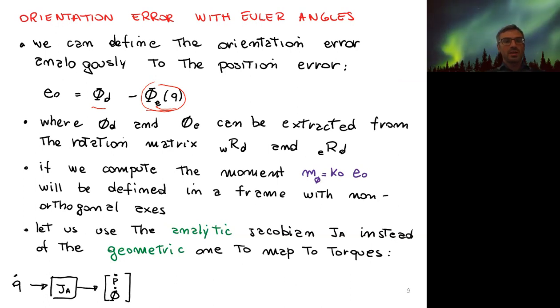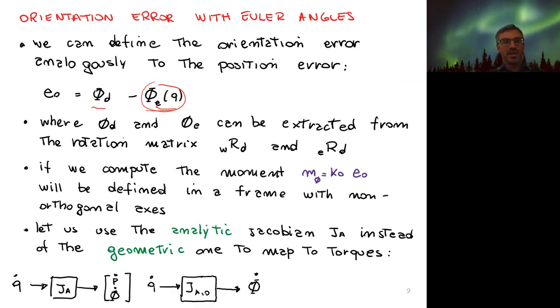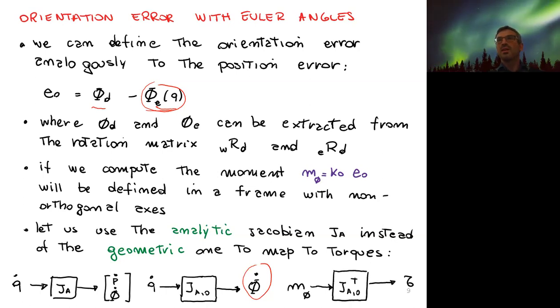So this is the analytic Jacobian that Octavio explained. We take just the angular part of the analytic Jacobian, and from joint velocities we can compute the Euler rates phi dot. And using the kinetostatic duality, we know that using the transpose of this Jacobian, we can map in the dual space of the forces or the moments, in this case the moments m phi defined in the Euler space, into torques.